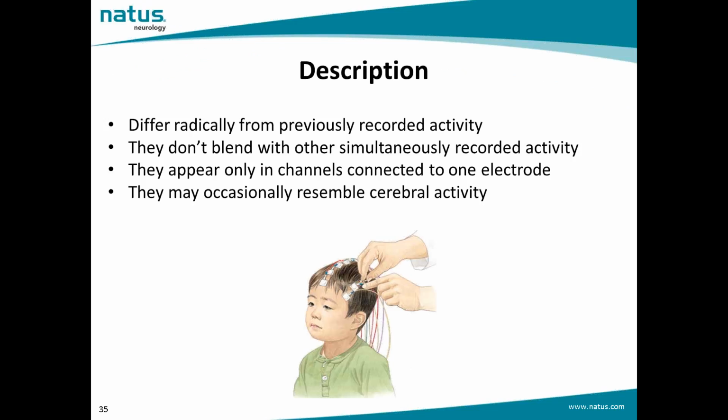Most artifacts in this category are distinguished by one or more of the following characteristics: differ radically from previously recorded activity, don't blend with other simultaneously recorded activity, appear only in channels connected to one electrode, although some of these artifacts have characteristic shapes. Others lack such features and may occasionally resemble cerebral activity.